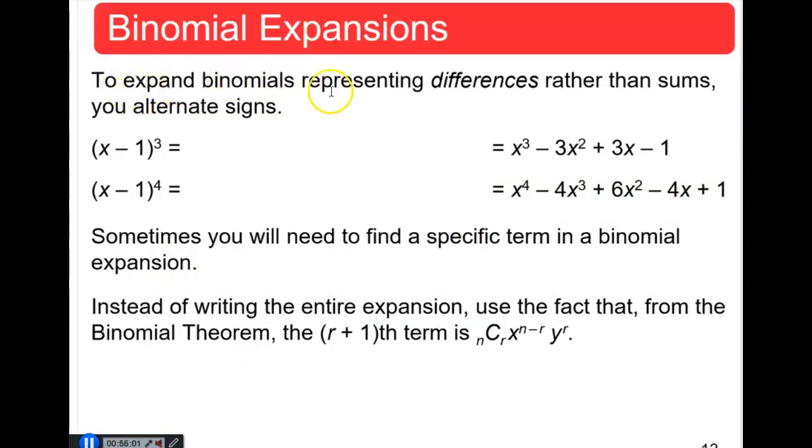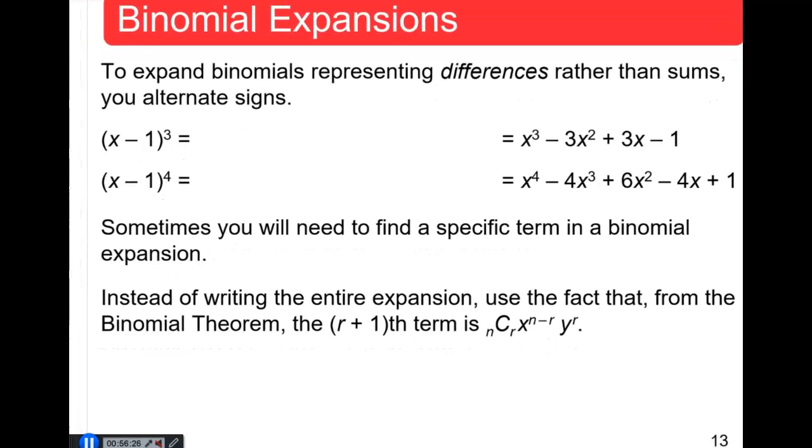To expand binomials representing differences rather than sums, we are going to alternate the signs, but of course it's very important to note what the first sign will be. In this case, since x is the first term inside the binomial and x is positive, we will always start with positive x cubed, as you could see here on the answer.